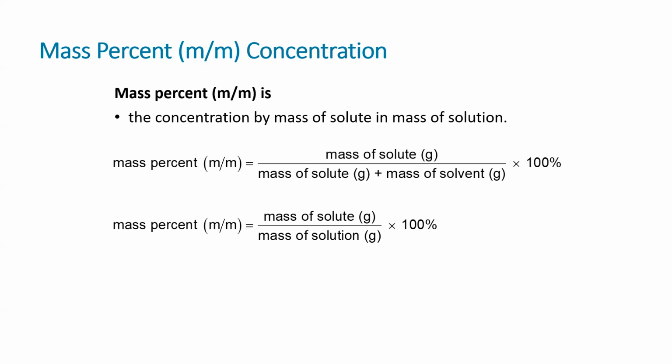So the mass of the solute and the mass of the solvent combined become the mass of the solution. And because it's in percent, we're going to multiply by 100, and the units will be in percent.